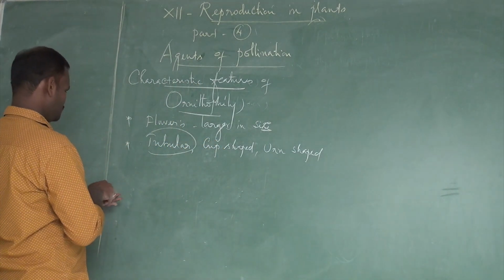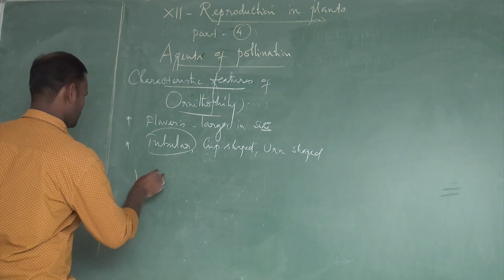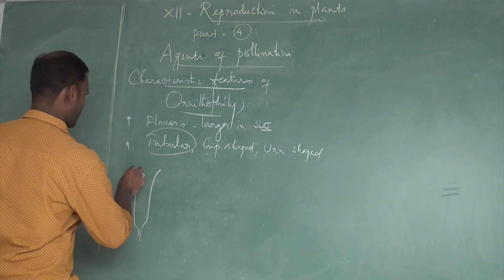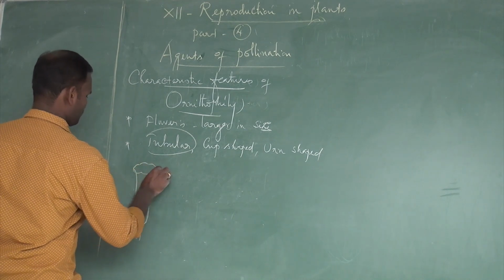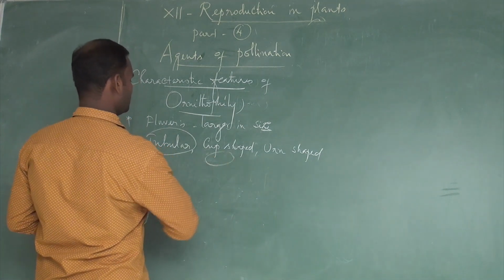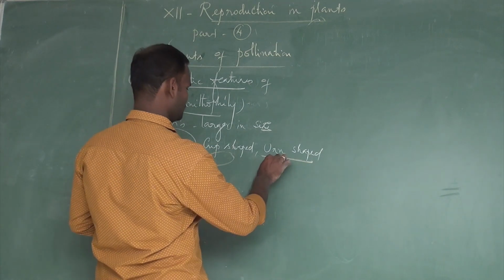Tubular, like a corolla tube. It may be cup shaped or urn shaped. Urn shaped, for example.